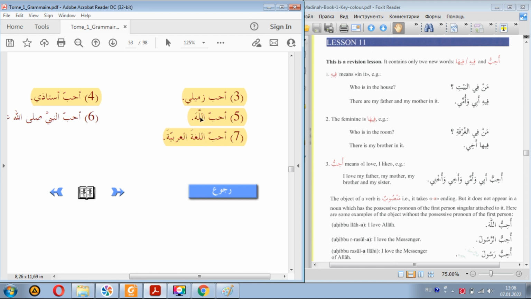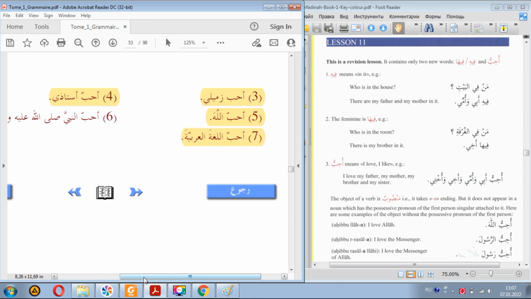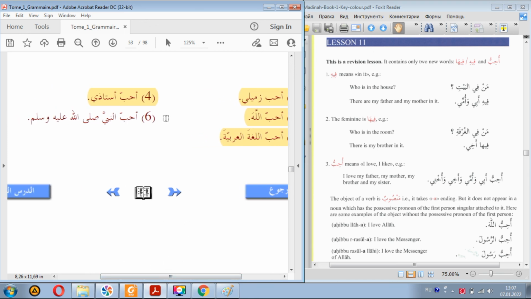And the same rule is applied here. أحب الله, I love, that's my action, and it's directed towards Allah. So Allah takes fatha. Or just like here, أحب النبي صلى الله عليه وسلم, I love the Prophet.